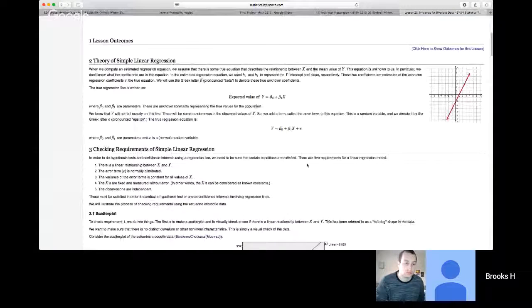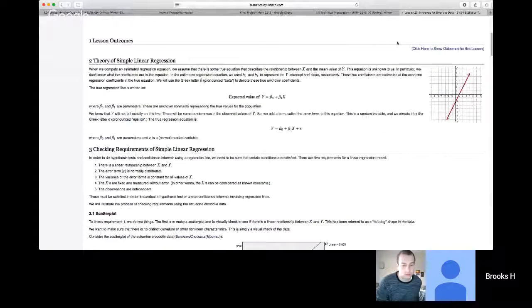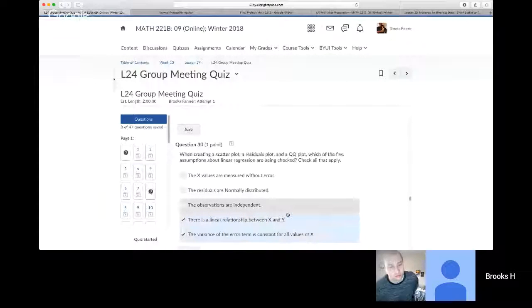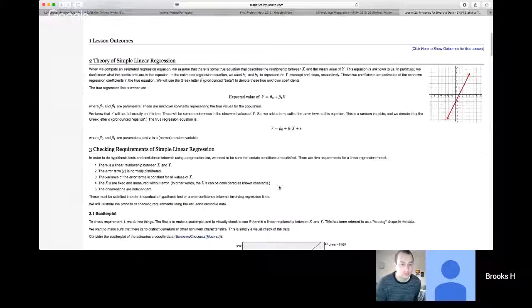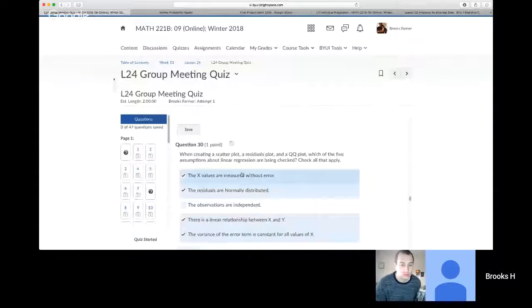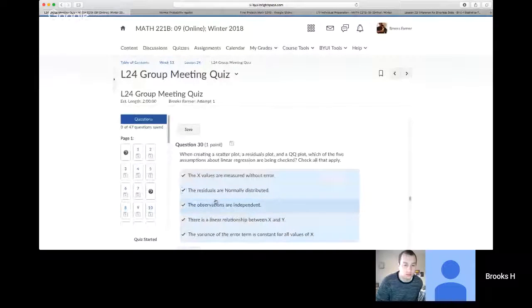The error term E is normally distributed. Check. Variance of E is constant. Residuals are E, okay, that's normally distributed. Check. X are fixed and without error. Check. Observations independent. So it's everyone.